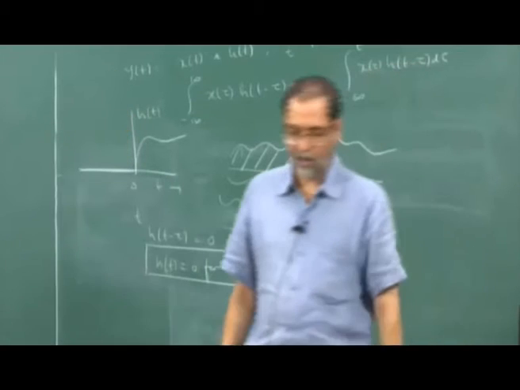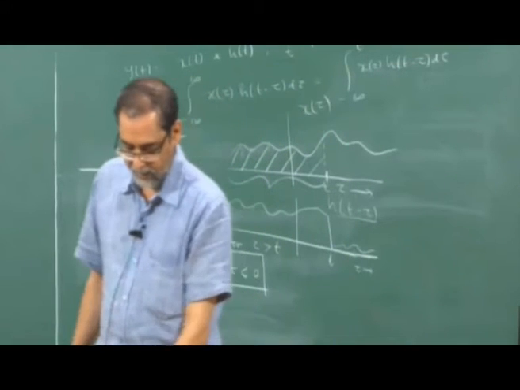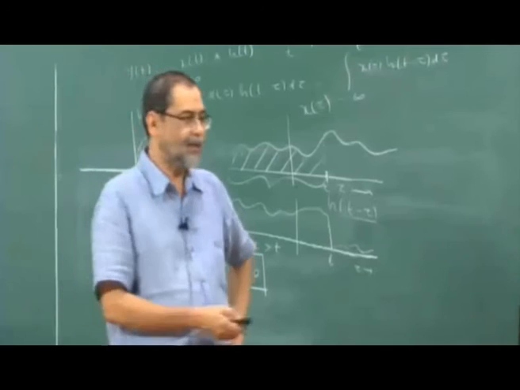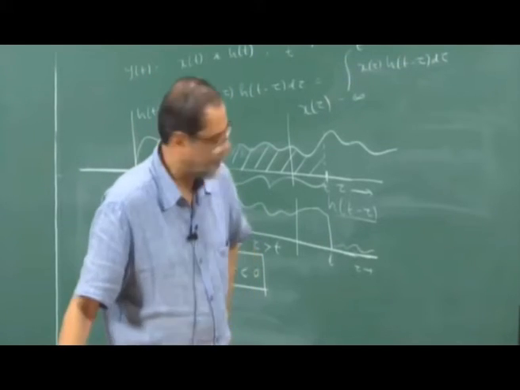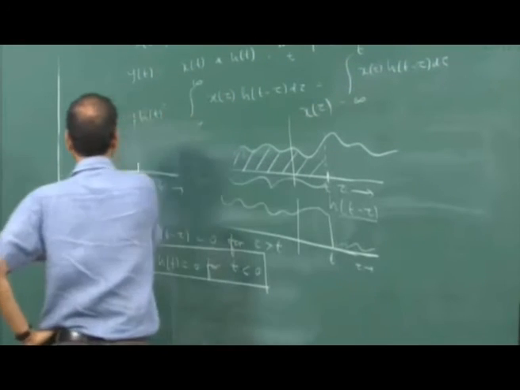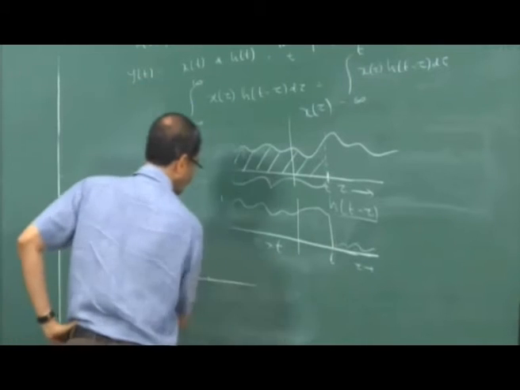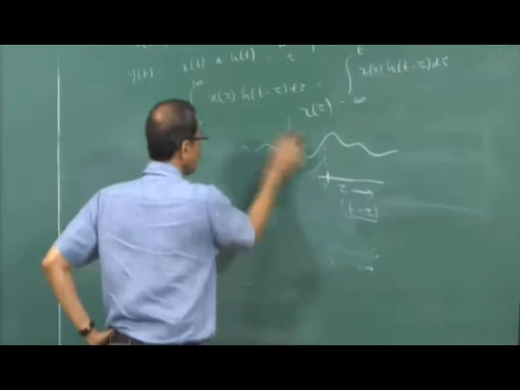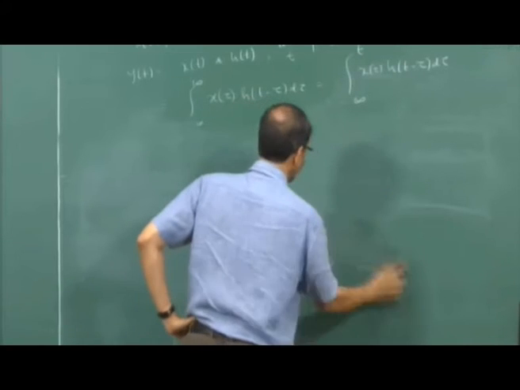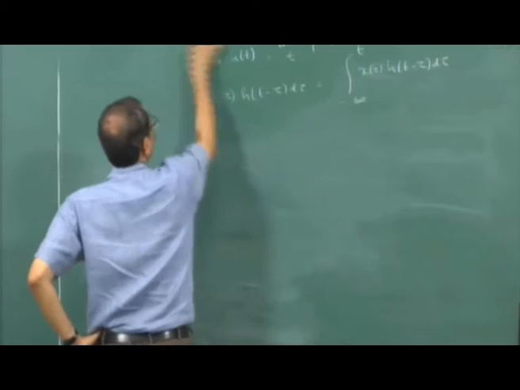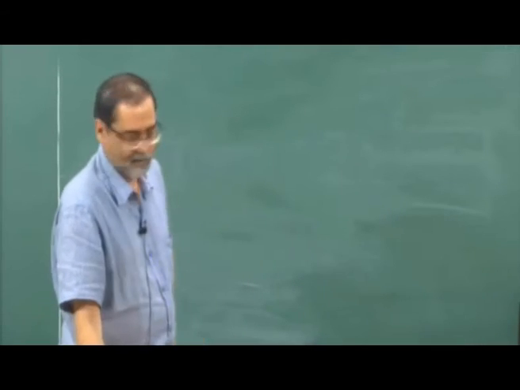So one more result, and then we are ready to take another break. It's now possible that we interconnect many systems, one after the other. Any practical system is not just one system. There will be many filters one after the other.